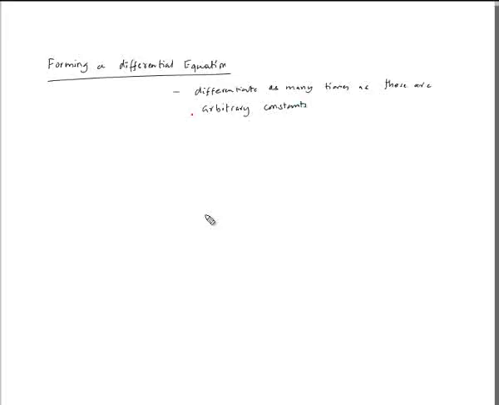So basically the order becomes the number of arbitrary constants. So just to explain this, take a general straight line where a and b are arbitrary constants.